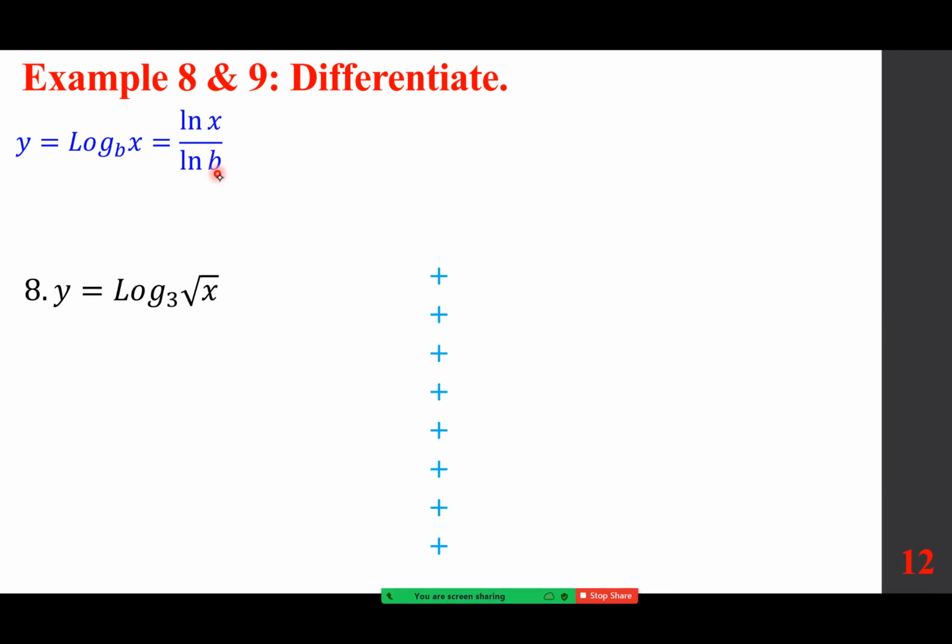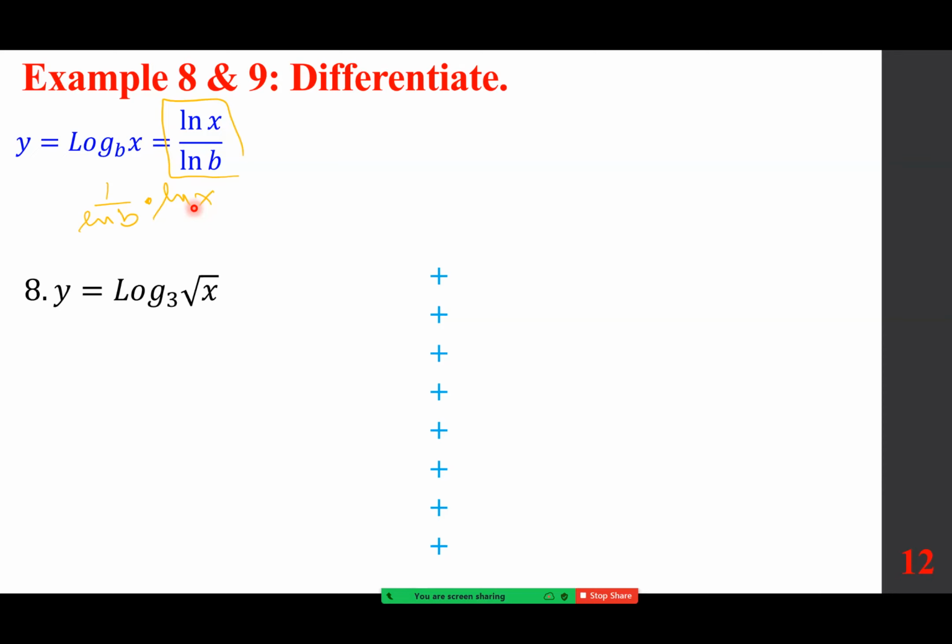You can think of this just to make sure we don't make a mistake. You can think of this as 1 over ln b times ln x. 1 over ln b is a number. It's like 5, like 2. Of course, it's not that, but it is a number. So when I want to differentiate this, I say the same thing times the derivative of ln x, which is 1 over x.